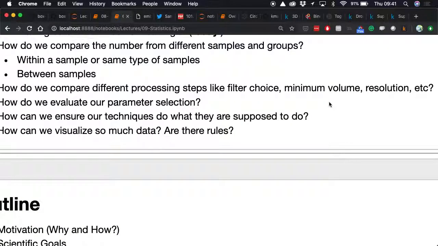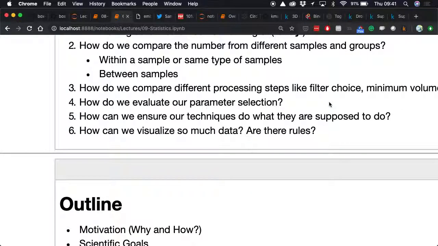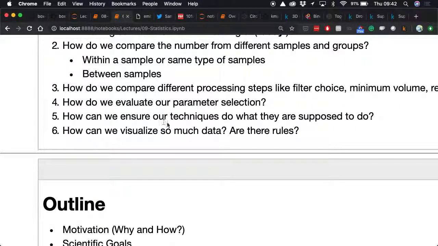All of these pipelines and analyses that we've come up with have a large number of different parameters that we need to tweak and analyze. And how do we ensure that the techniques we have built do what they're supposed to do? And then the last part is how do we visualize so much data, and simple rules to follow for doing that.